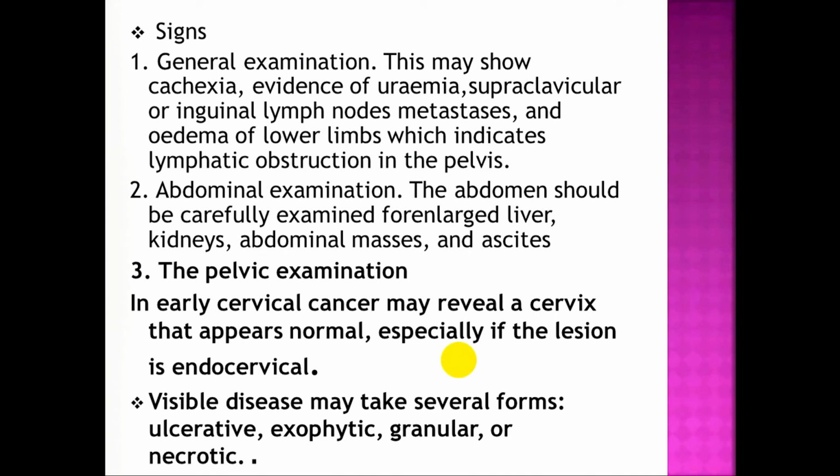The pelvic examination in early cervical cancer may reveal a cervix that appears normal, especially if the lesion is endocervical. Visible disease may take several forms: ulcerative, granular, or necrotic.